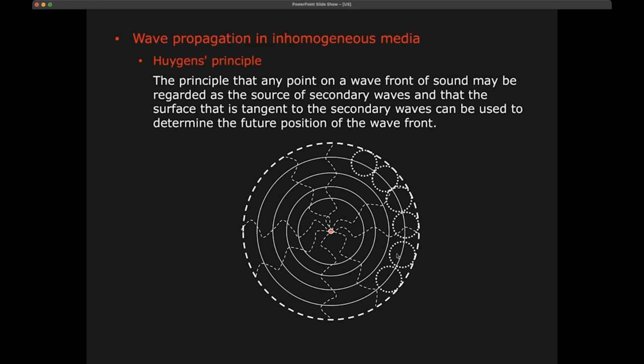So we start from a point source. The wave propagates. If, at a later time point, we want to know what this wave looks like, we need to go to all the points where this wave has arrived, and calculate the next step by saying that every particle where the wave arrived is now a secondary source of, again, a spherical wave. A point that is vibrating will send its wave around in a spherical way.